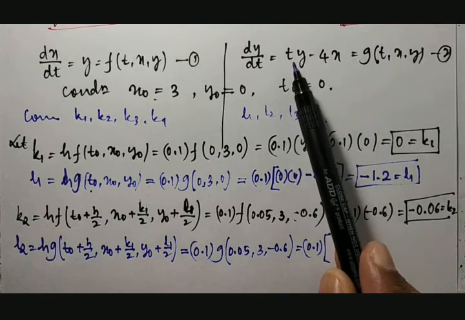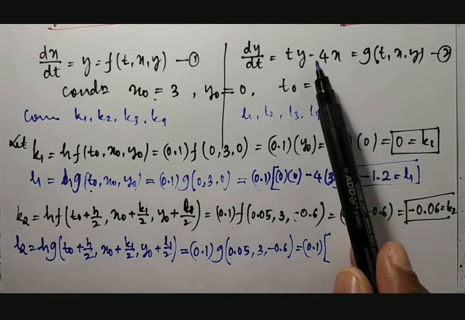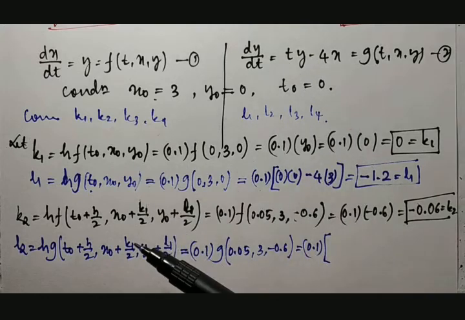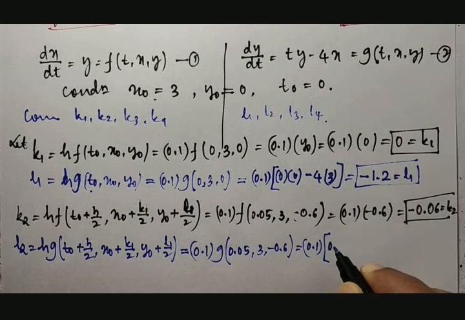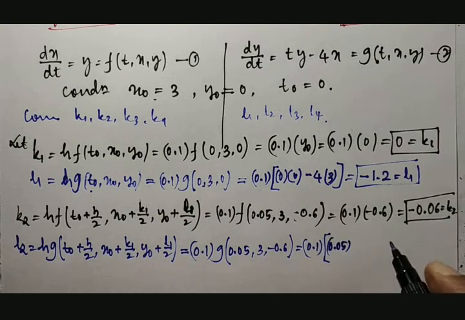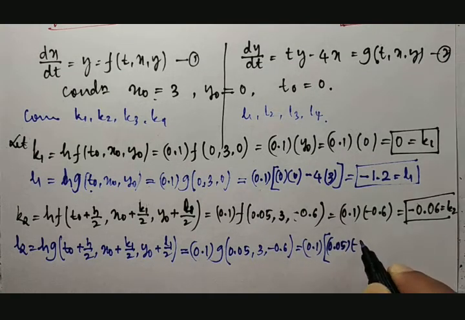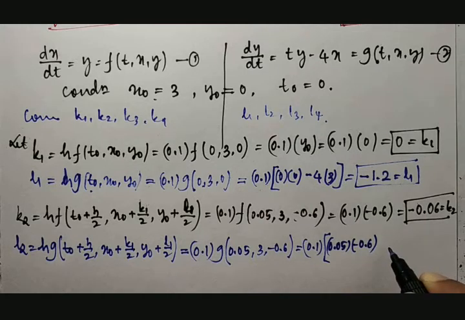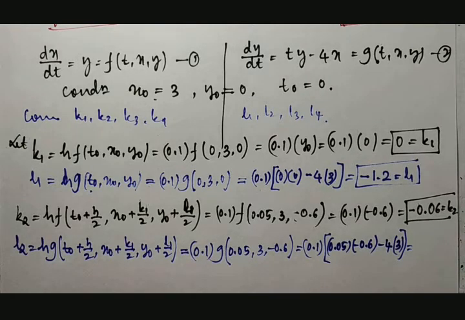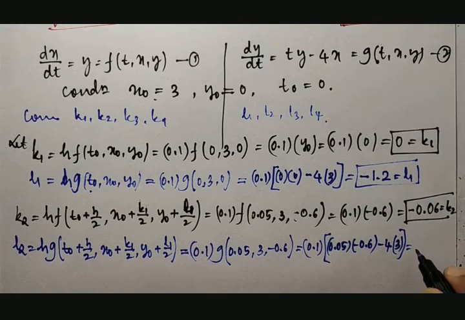G function is ty minus 4x. So t into y. T is 0.05. 0.05 into y. Y is minus 0.6. Then minus 4 into x, that is 3. Therefore L2 is equal to minus 1.203. This is L2.